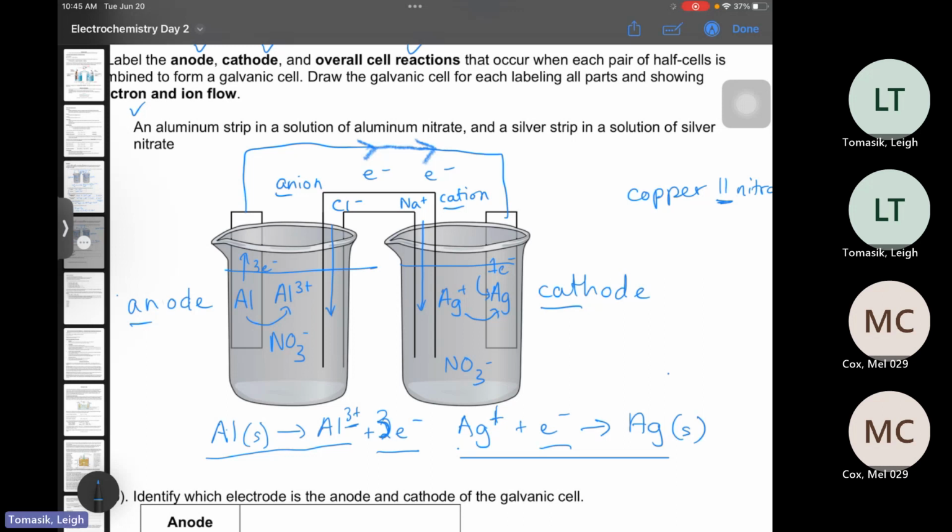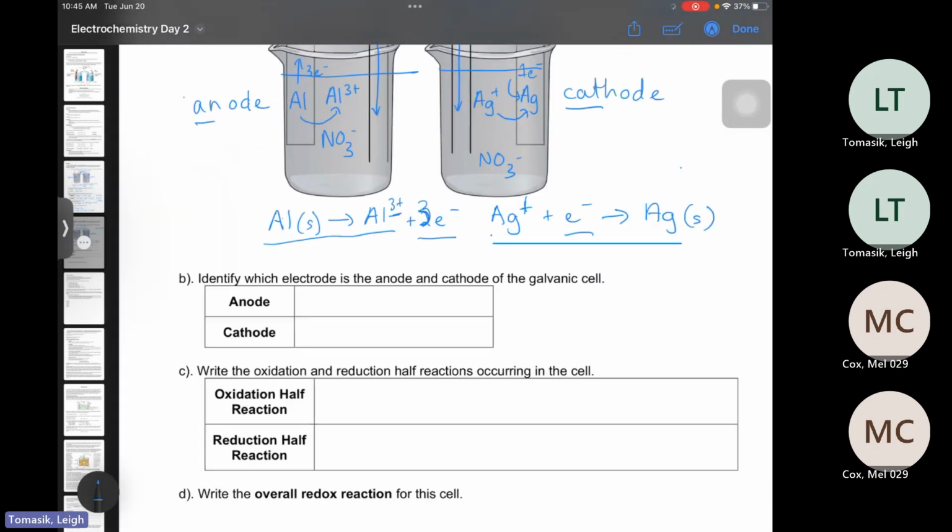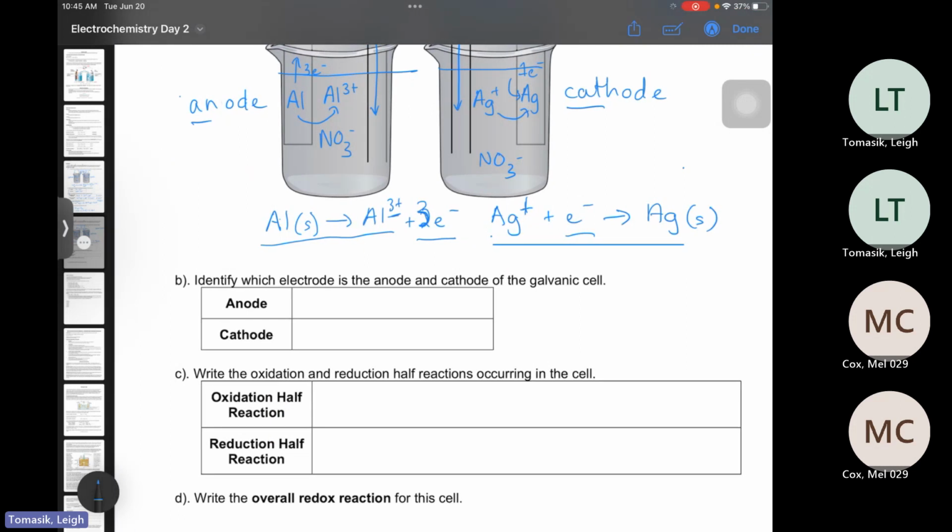Okay, so now we're going to finish this question. It says, identify which electrode is the anode and which is the cathode. So aluminum is our anode and silver is our cathode.